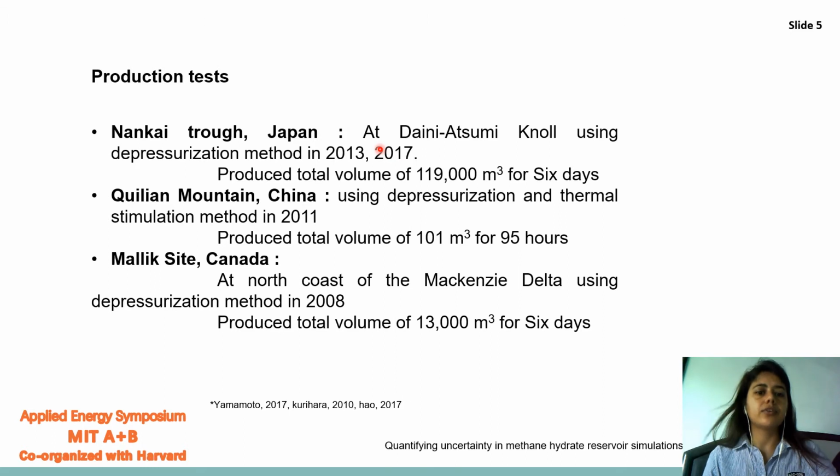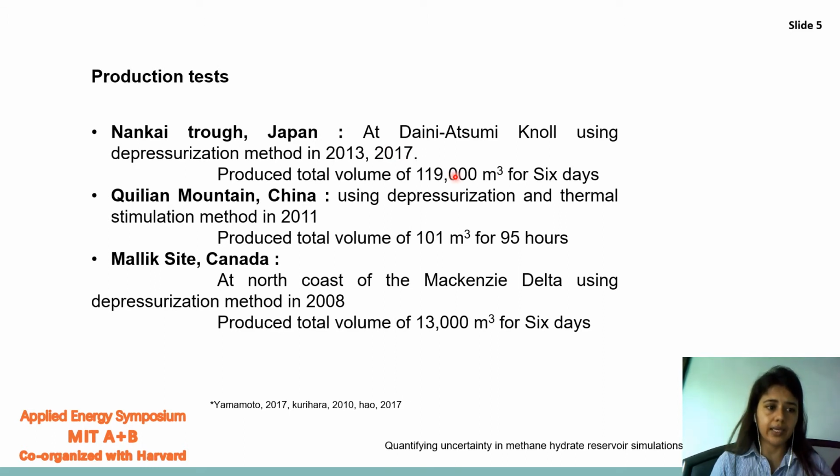These tests were short-term production tests. They had to stop after a few days, sometimes due to technical issues and sometimes due to the lack of knowledge about the site itself. In future, we require more knowledge about what is going on at the site.